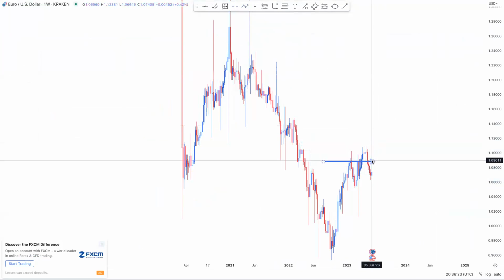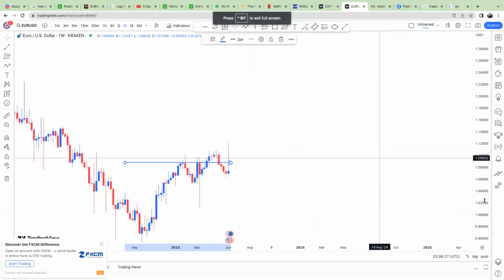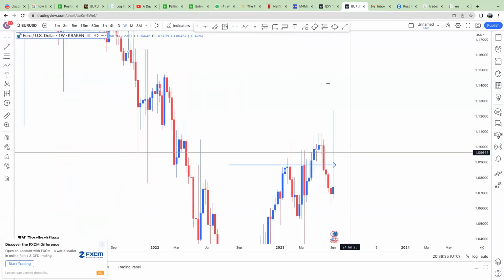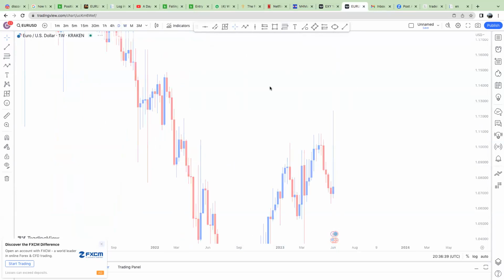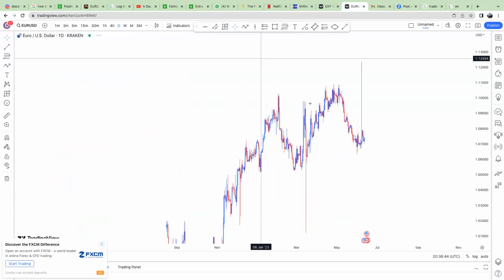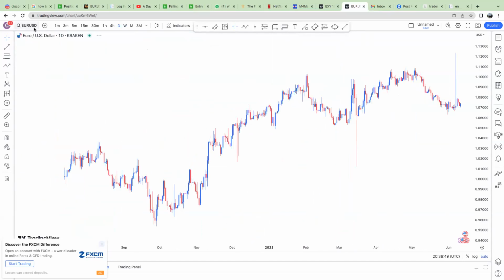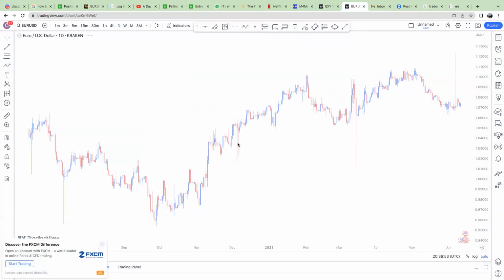So on a weekly time frame, this candle here, I'm just giving you a typical example of why I still have an upward bias for Euro USD.